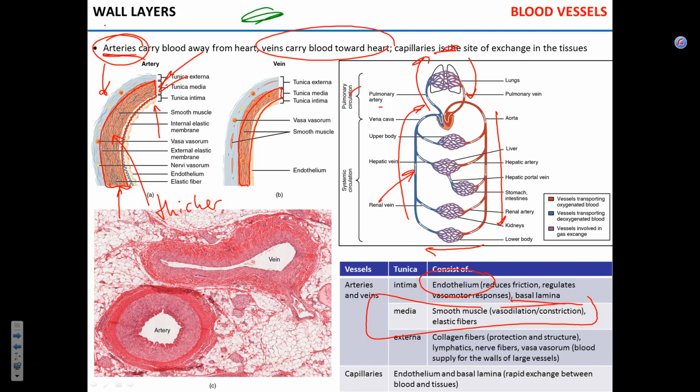They can dilate and constrict. And then on the outside is tunica externa, that contains a lot of collagen fibers for protection, elasticity.